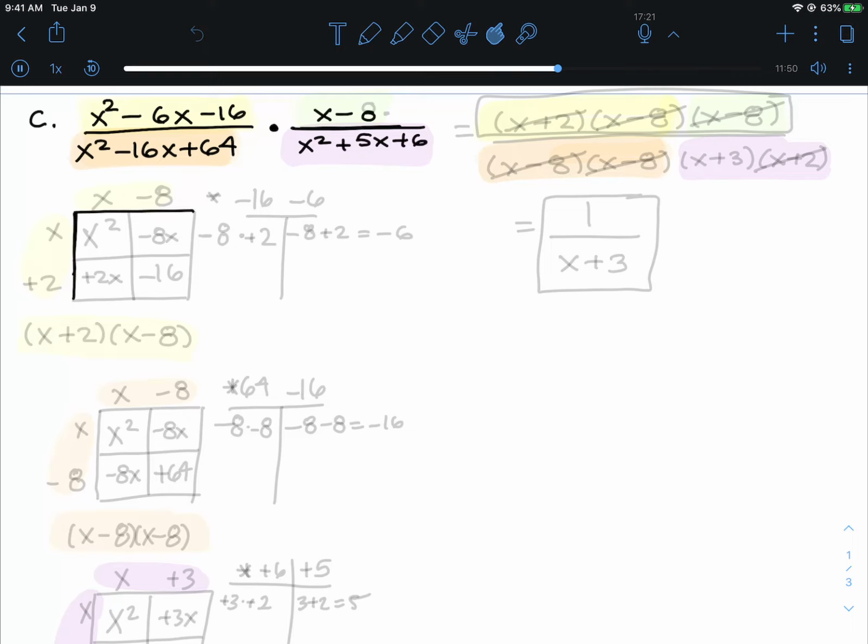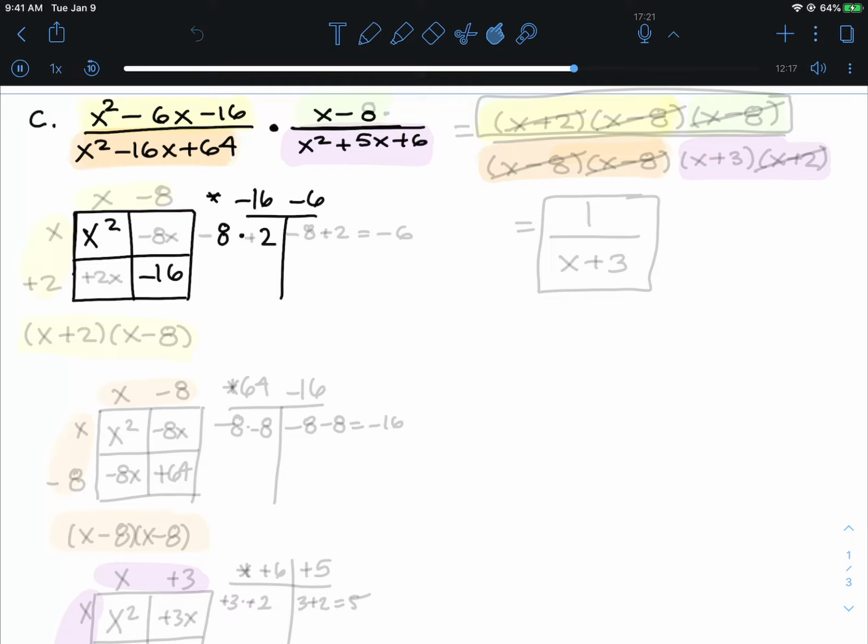So I'm going to get x squared minus 16, so something that multiplies to negative 16, but then adds to negative 6. So that would be 8 times 2.